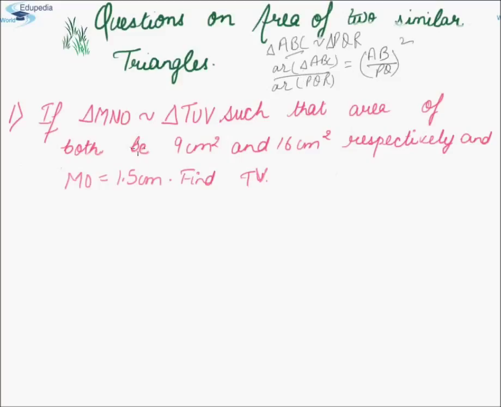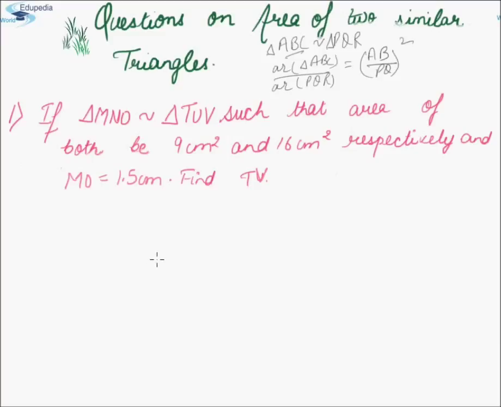The first simple question says, if triangle MNO is similar to triangle TUV such that areas of both are 9 cm square and 16 cm square respectively, and MO is 1.5 cm, find TV. Friends, we are given two triangles.